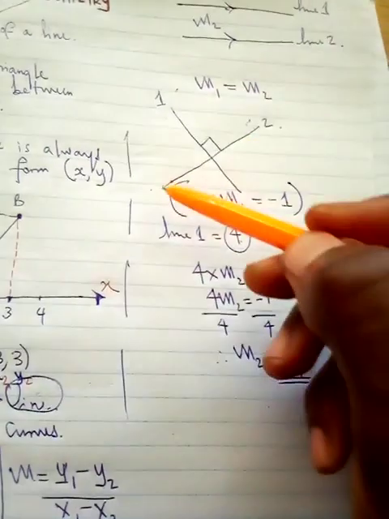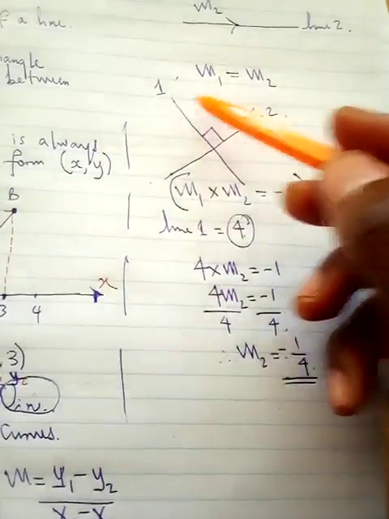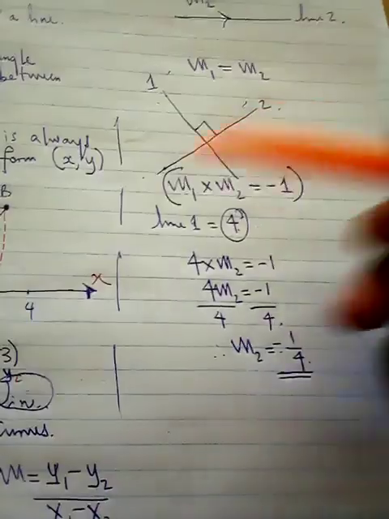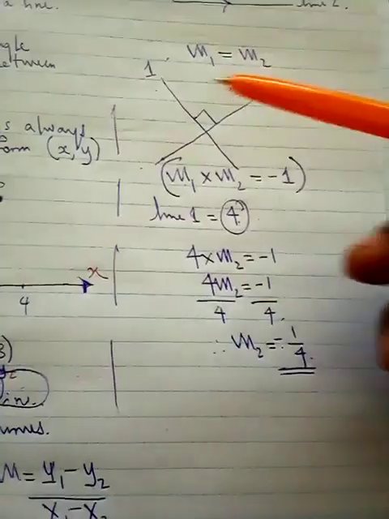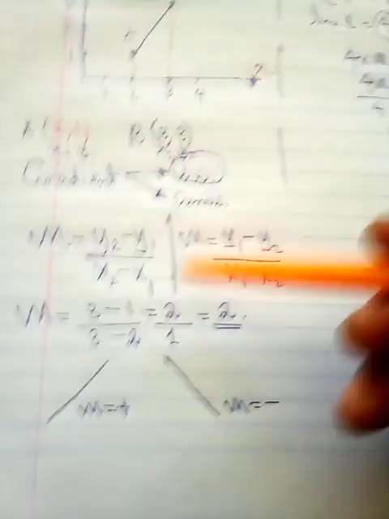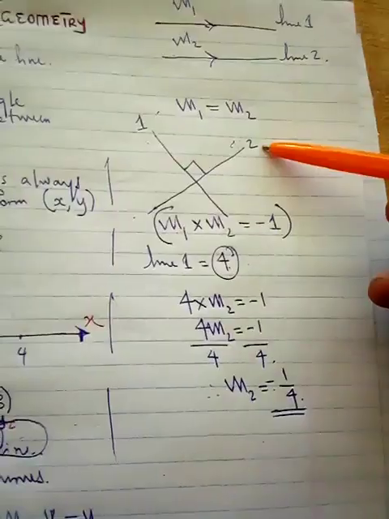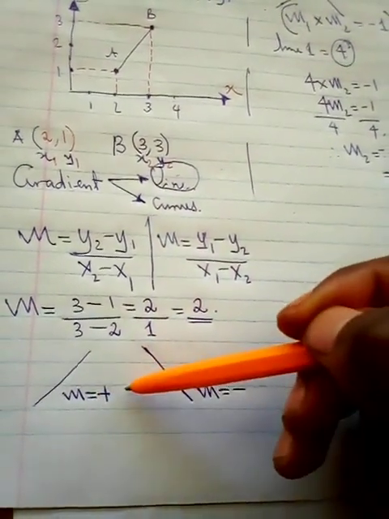So line 1 and line 2 do not share the same gradients, and moreover, the nature of their gradients are also different. If one is positive, the other one is going to be negative, like I had shown you here. If a line is increasing, just like this one, then the gradient is going to be positive.